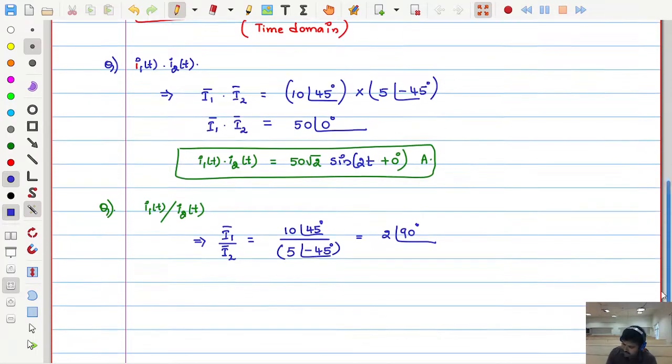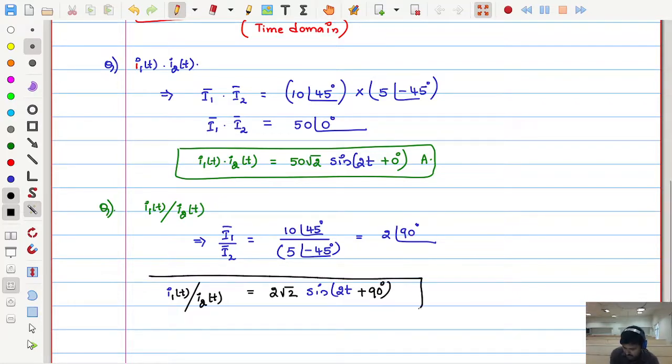Once you get the division in phasor form, now try to get back the division in time domain by converting this phasor into a time function, that is 2 root 2. What is the existing function? Sine. How much is the angular frequency? 2t. Now what will be the angle? 90 degrees. So this is I1 by I2.